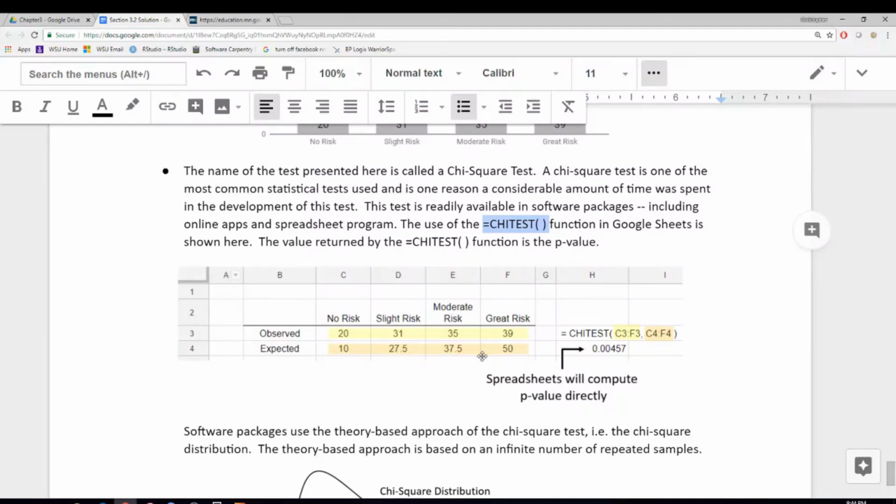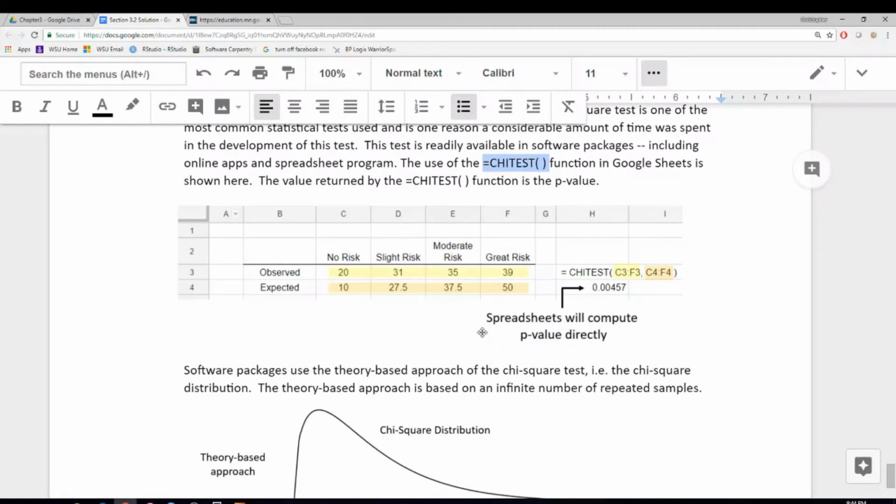All I need to do, and we'll talk more about this in the next section, is just type equal chi-test. I need to put in the range of cells that contain the observed counts, which would be the 20, 31, 35, and 39. In my particular sheet, that range of cells goes from C3 here over to F3. So that's what I've entered in here. And then I have to have a comma.